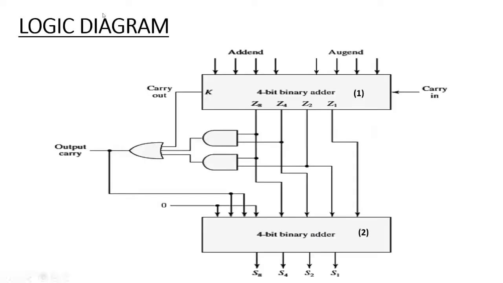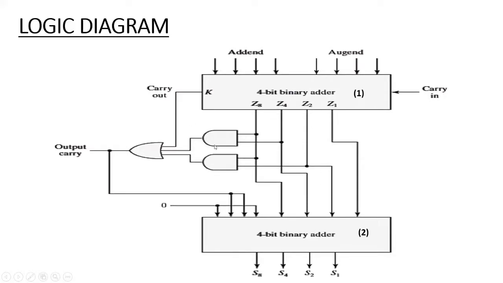Next we have the logic diagram. In this BCD adder, we are using two IC 7483, two binary adders. We give input A and input B to the first adder, and the sum of these two values is given to the second binary adder.